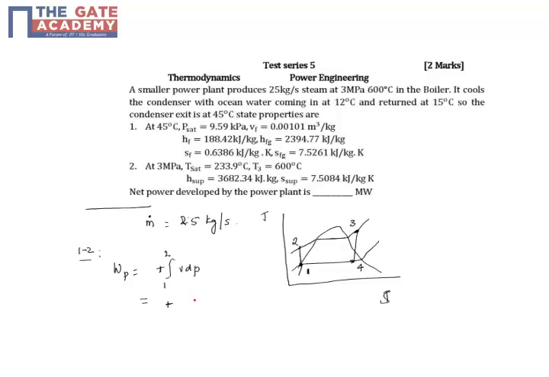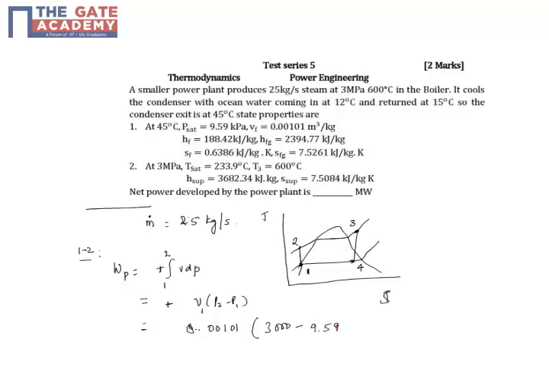The specific volume V doesn't change much, so we assume the specific volume at 1, which is nothing but Vf, that is 0.00101. P2 in kPa is 3000 minus P1, and the pressure at 1, Psat at 45 degrees Celsius, is 9.59.